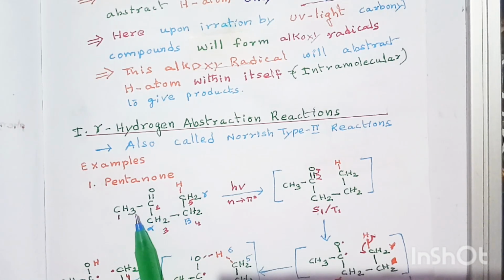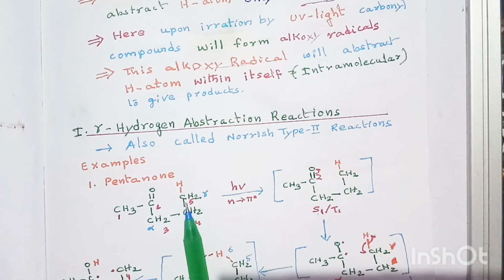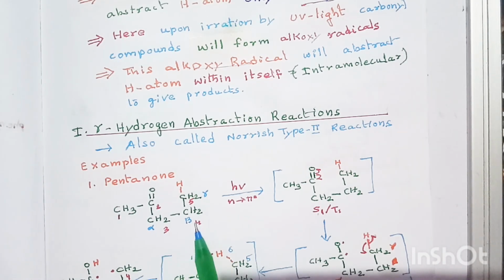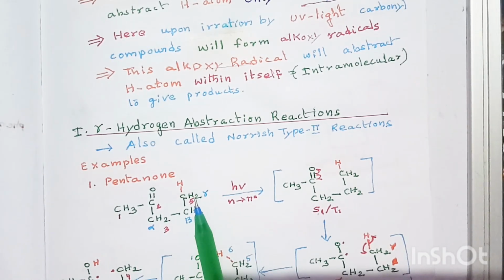This pentanone has a gamma hydrogen attached to a gamma carbon atom. C double bond O is the functional group. This is alpha carbon, this is beta carbon, and this is gamma carbon.